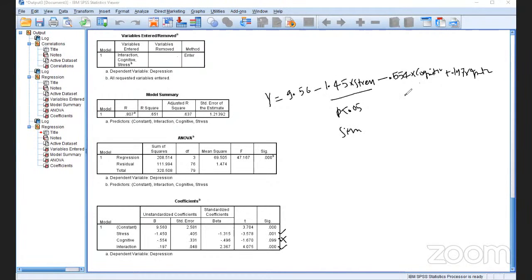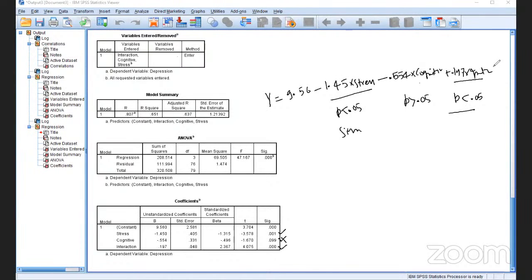Cognitive, its value is greater than 0.05, and the interaction value is again less than 0.05.